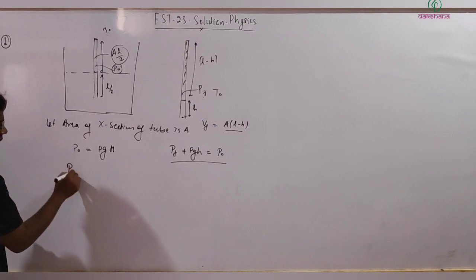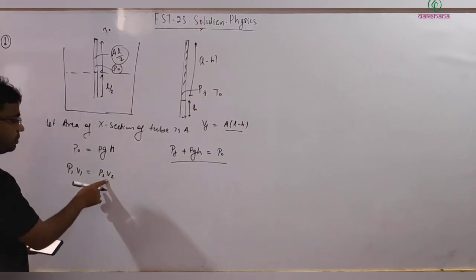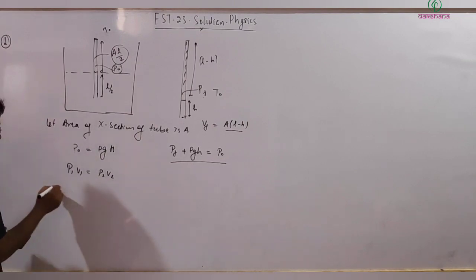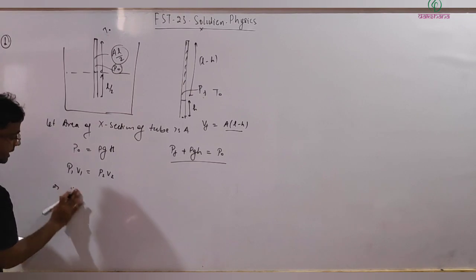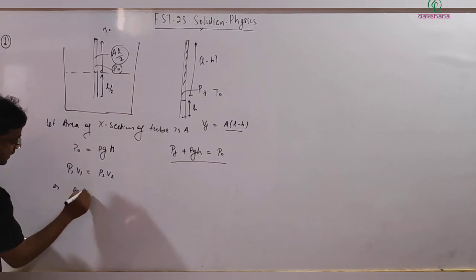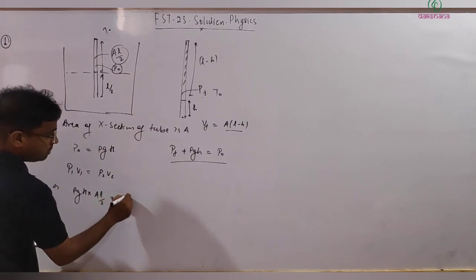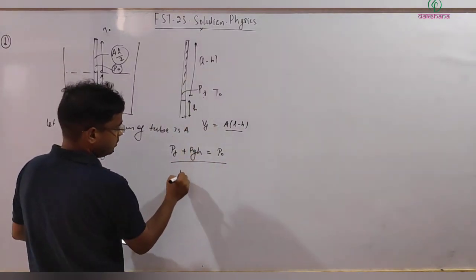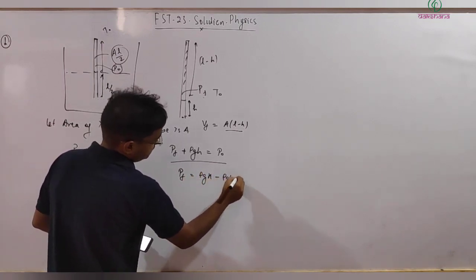Now I can write P1 V1 is equal to P2 V2, or P initial V initial is equal to P final V final. So P initial is rho g H and V initial is A into L by 2. This is equal to P final, which is rho g H minus rho g small h.